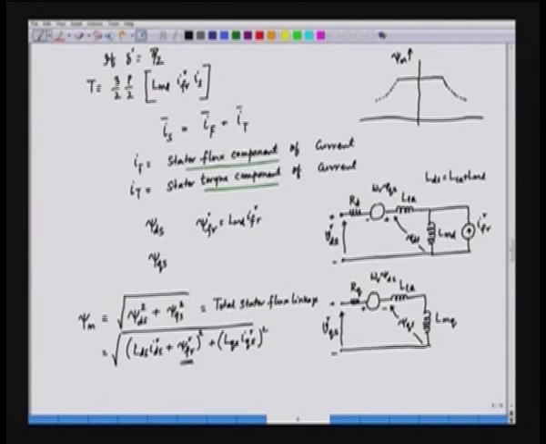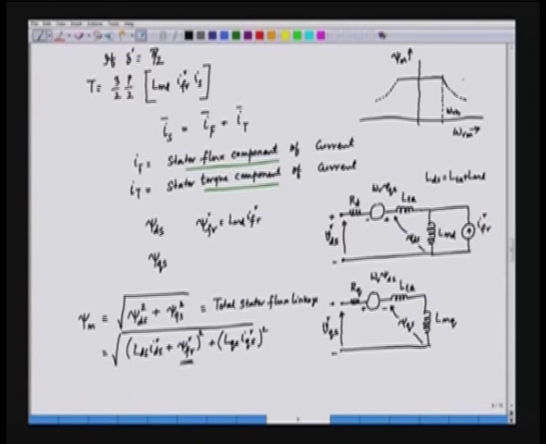In the y axis we have psi m, in the x axis we have the rotor speed omega rm. So, as the speed increases up to the base speed, omega rb, the flux remains constant, and then after this omega rb flux decreases.